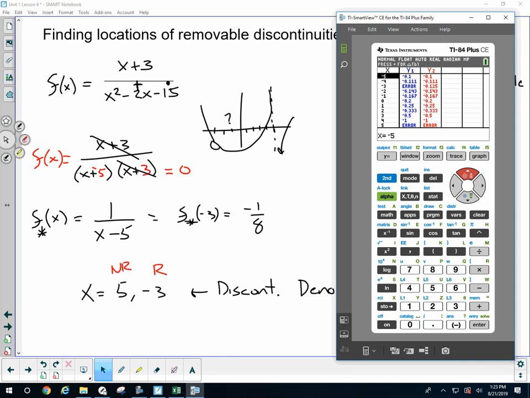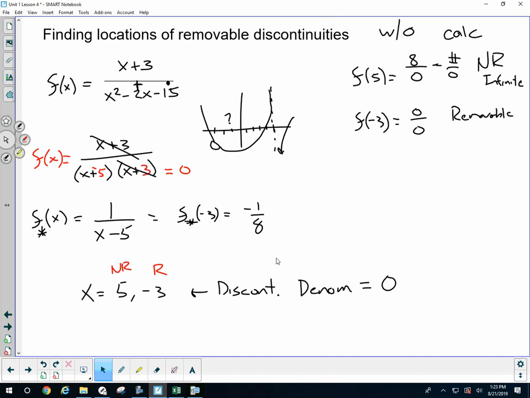So this is how we're going to find, now, locations of holes without using a calculator. We will algebraically manipulate things. So what I'm going to ask you to do is first note that this is non-removable. This is infinite. Note that this is removable. And then tell me that the location is there.